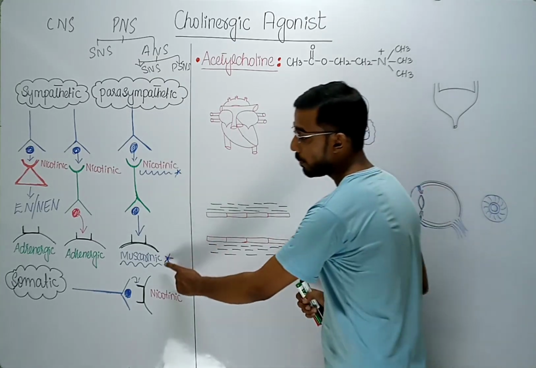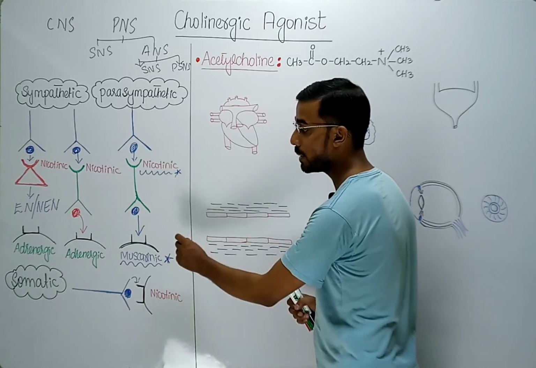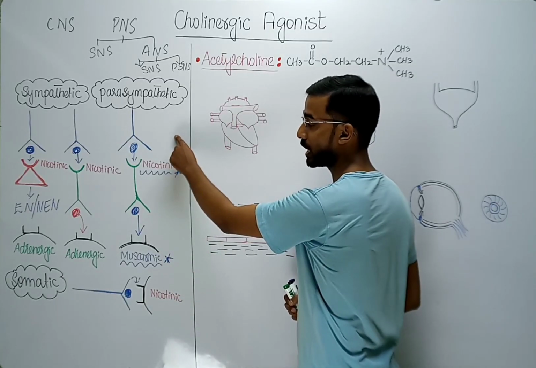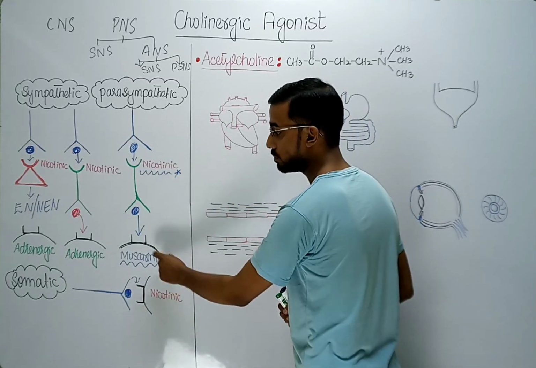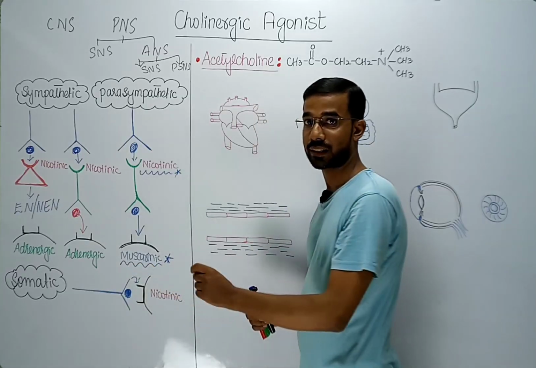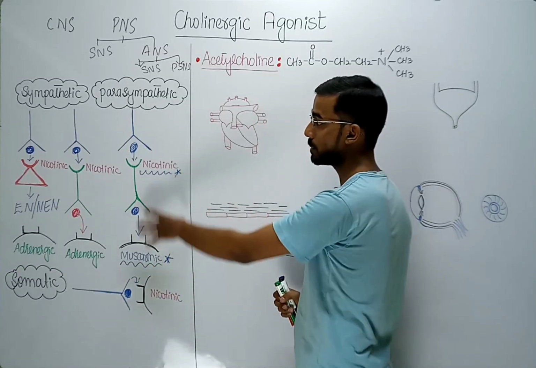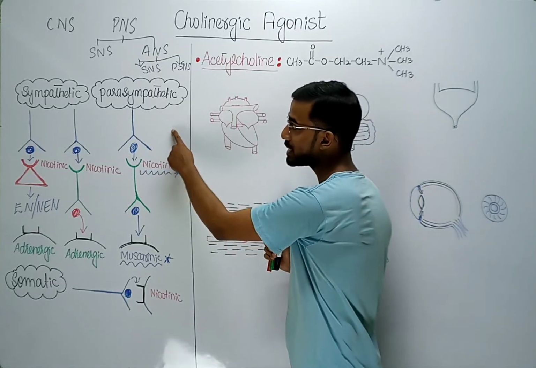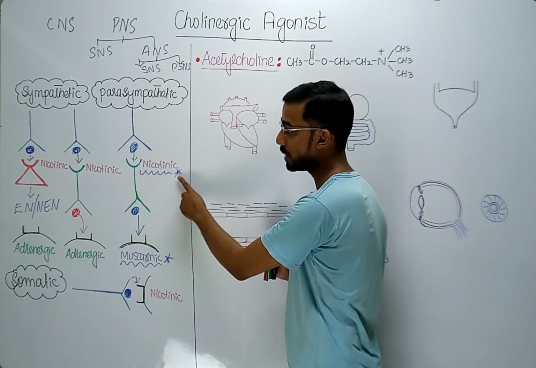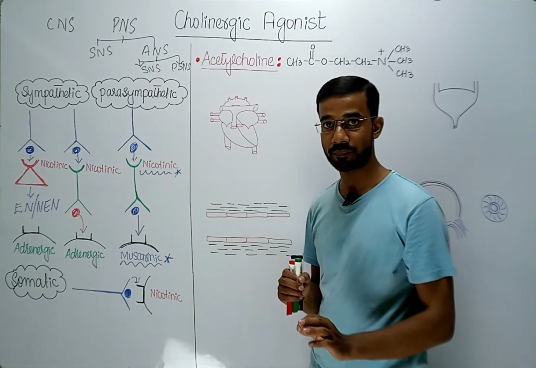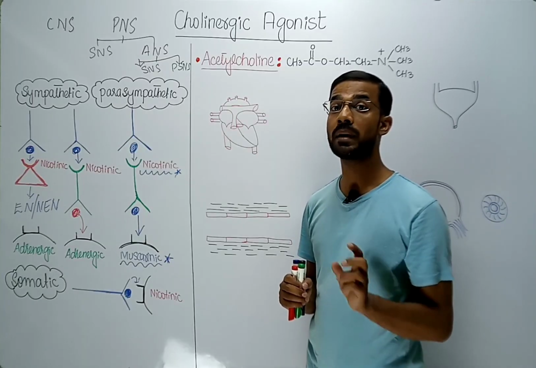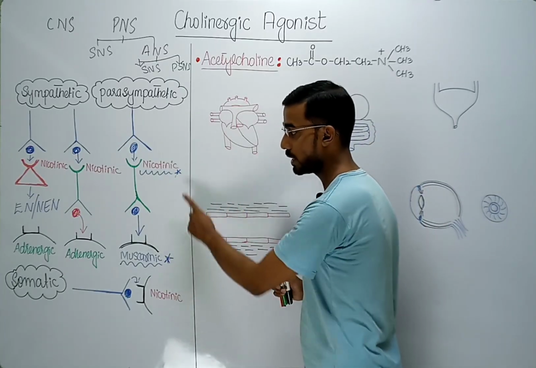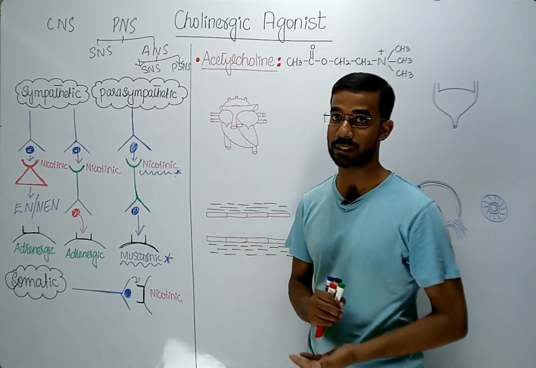But the muscarinic receptor is only present in case of the parasympathetic nervous system, and it is present on the effector organs. So this is the parasympathetic. If we look generally, the parasympathetic nervous system has both nicotinic and muscarinic receptors, and acetylcholine mainly affects these receptors, nicotinic and muscarinic.